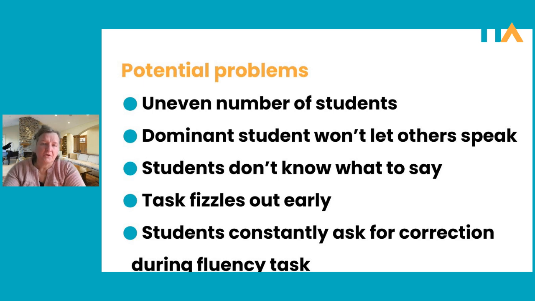You might have dominant students that want to do all the speaking, like Lisa Simpson, or they just don't know what to say. They just don't have enough background knowledge on the topic. That's also a possibility. Or they just dry up early. Or they might ask you to correct everything during a fluency test.